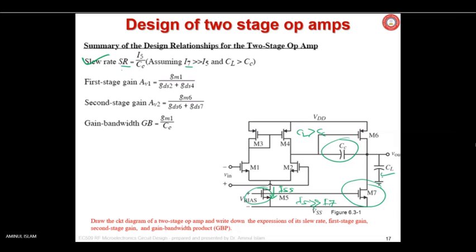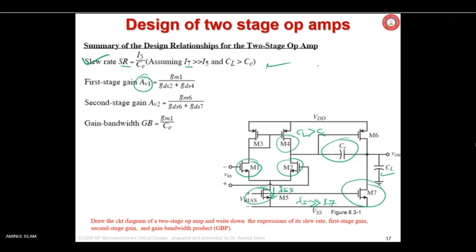This is the CL. That is one condition, among the things to be considered for designing. The first is gain AV1, given by GM1, the GM of this one, and GDS of 2 and GDS of 4.